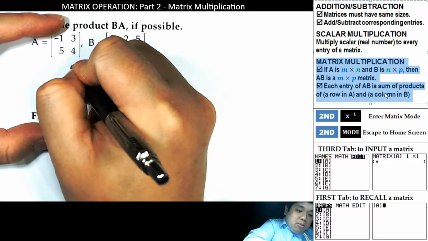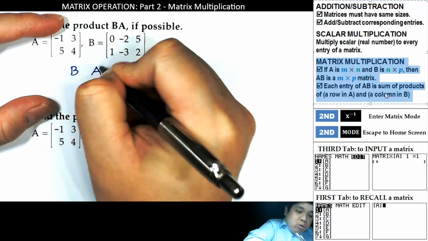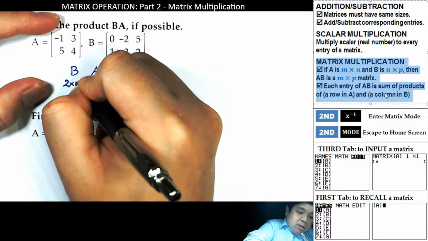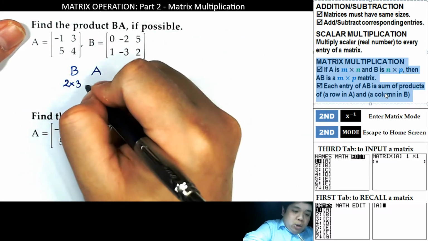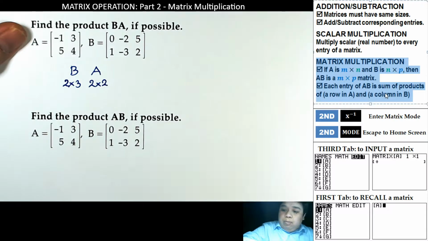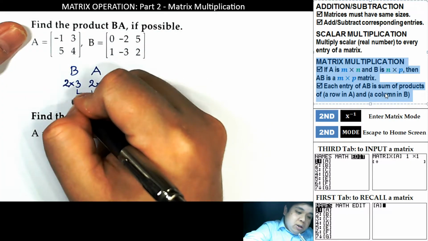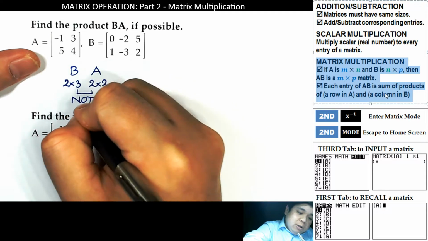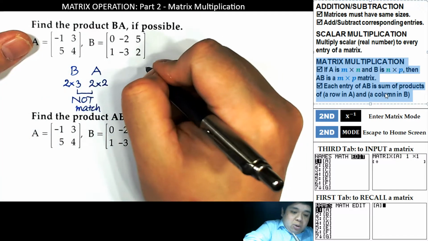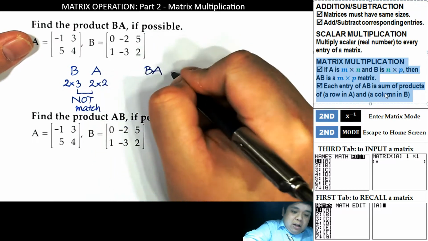Matrix B times matrix A. Matrix B is 2 rows, 3 columns, and matrix A is 2 rows, 2 columns. The middle numbers 3 and 2 do not match, so the product B times A is undefined.